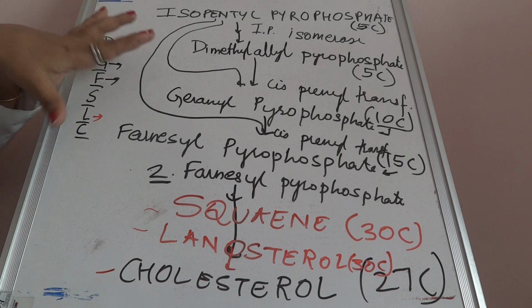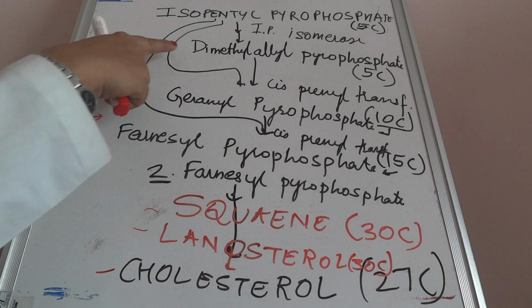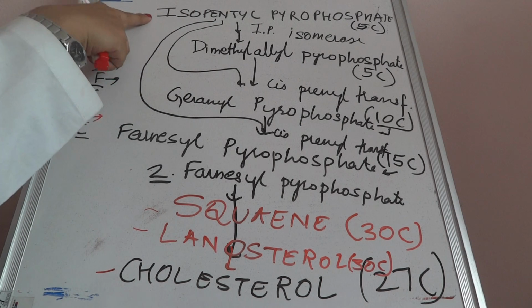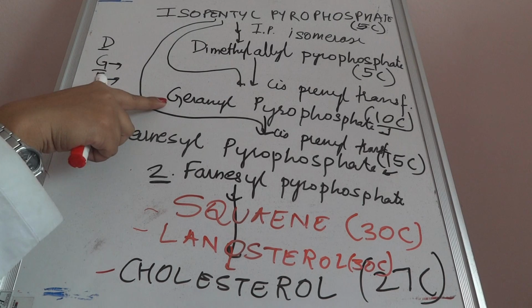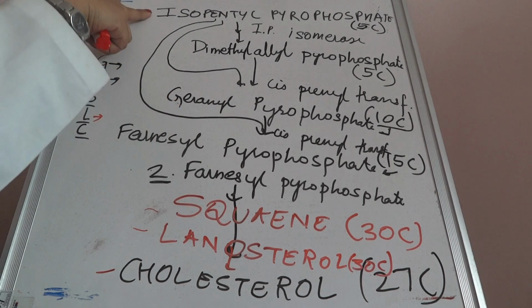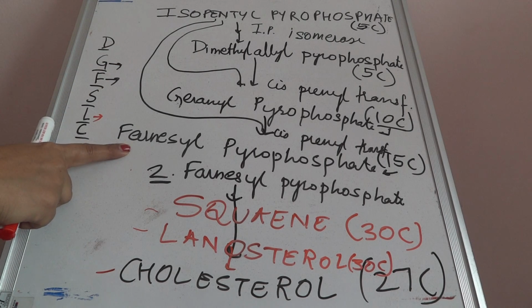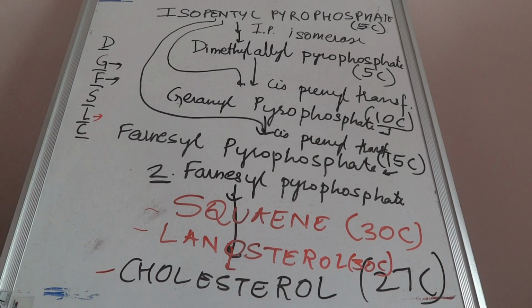Isopentyl pyrophosphate formed dimethyl allyl pyrophosphate. It was a 5 carbon compound through an isomerase enzyme. This 5 carbon dimethyl allyl pyrophosphate added with isopentyl pyrophosphate to form a 10 carbon compound, that was geranyl pyrophosphate. This geranyl pyrophosphate again added with isopentyl pyrophosphate to form farnesyl pyrophosphate, a 15 carbon compound.